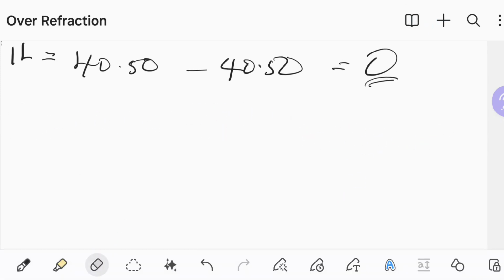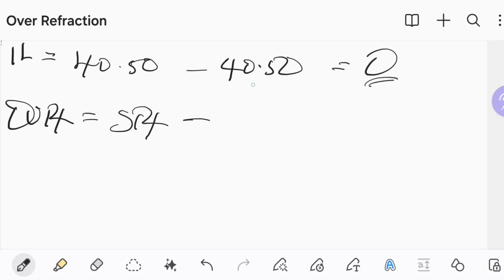All right, since that has been taken care of, let's go back to our formula again. Over refraction equals the spectacle prescription, or the refraction result, minus, in brackets, the contact lens plus the tail length.